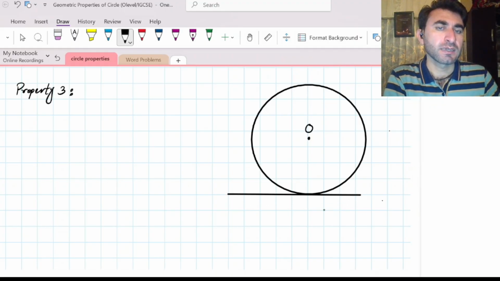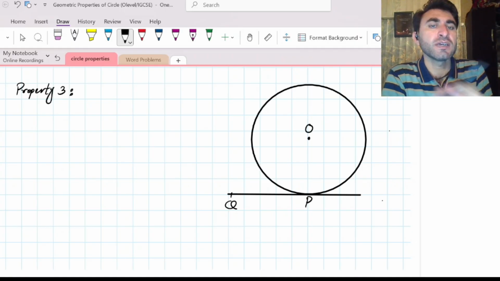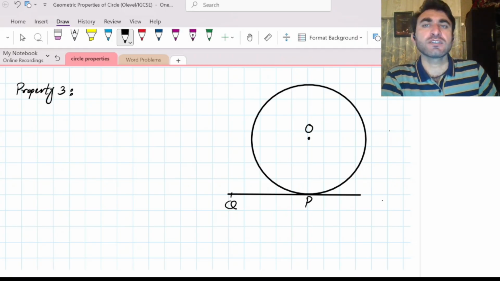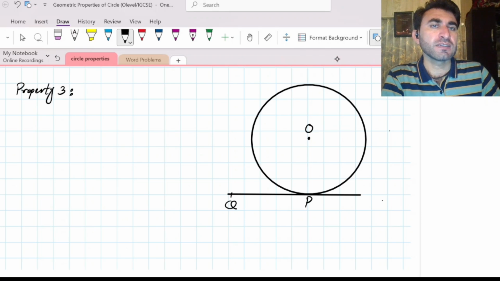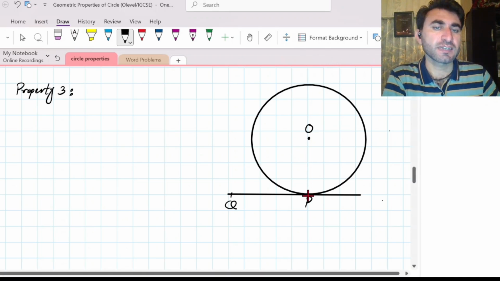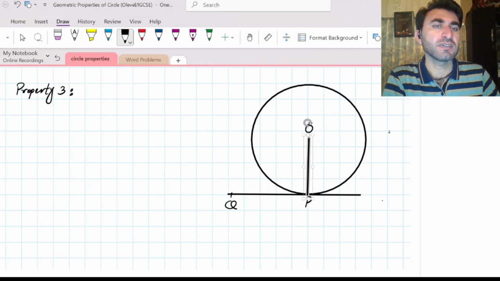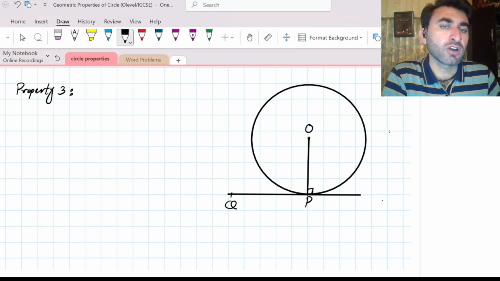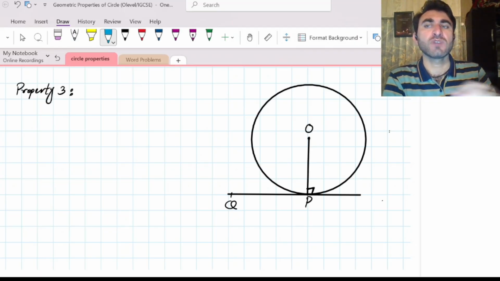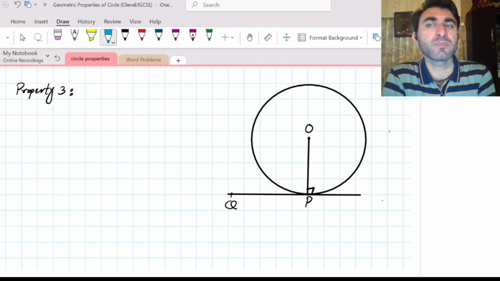Say this point is P, and there is another point on this line, let's say Q. So PQ will be tangent to the circle, and this property states that the segment that joins the point of tangency with the center, the radial segment, and the tangent are always perpendicular. So that is the statement of the third property, that a tangent and a radial segment are perpendicular at the point of tangency, and the point of tangency is the point where the tangent touches the circle.